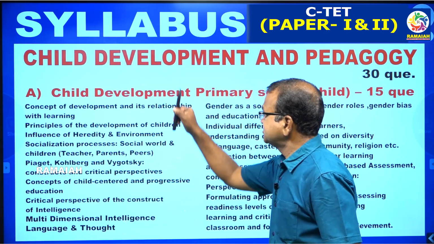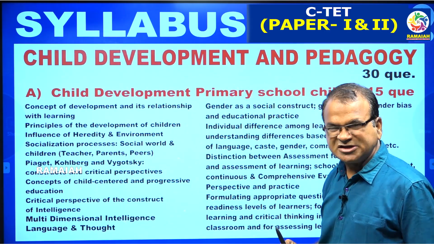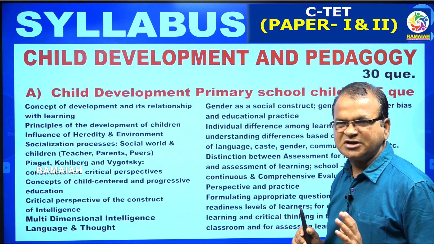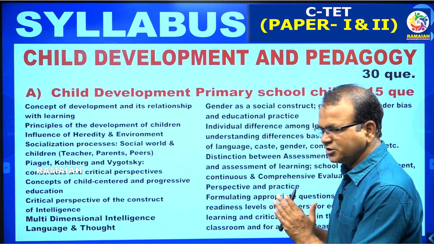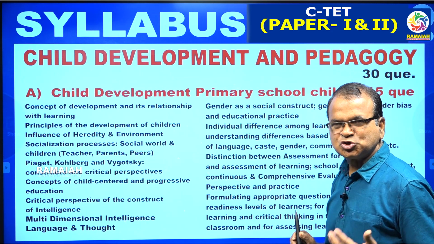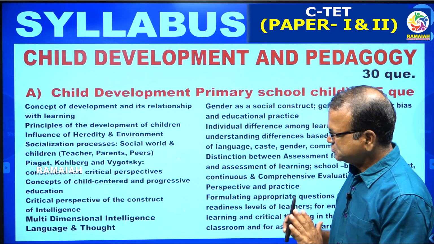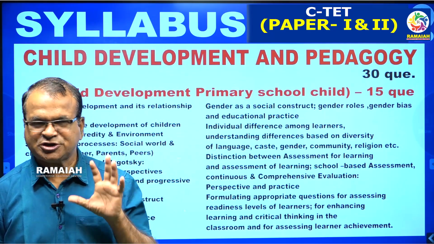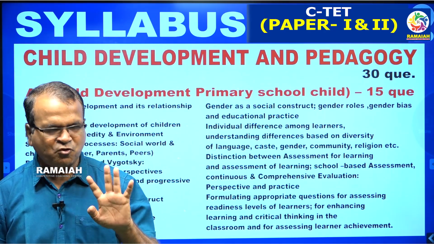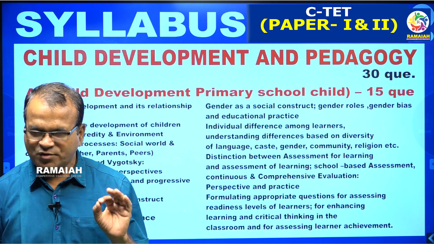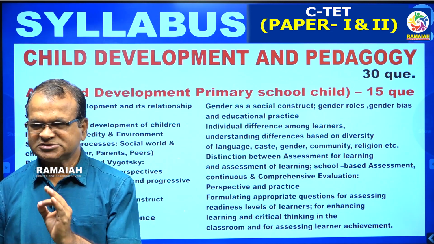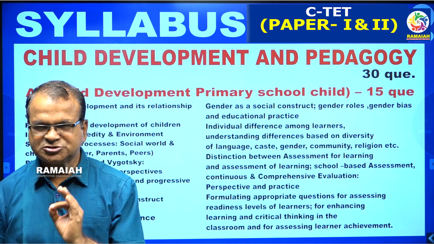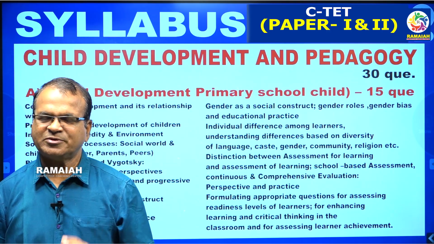Our paper, that is child development and pedagogy, is based on two important pillars. One is psychological foundations of education, second is sociological foundations of education with a special reference to pedagogy. So the entire syllabus structure is framed on four important pillars: philosophical, sociological, psychological and technological.